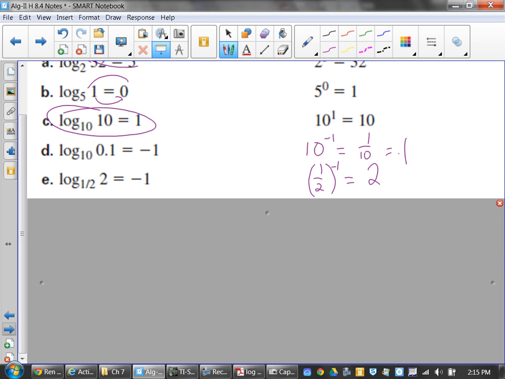You will see that often, where you're switching between fractions and whole numbers. You're probably playing around with negative exponents at that point, because that's how you flip fractions. That's how you flip between them, okay? You'll see that a lot.